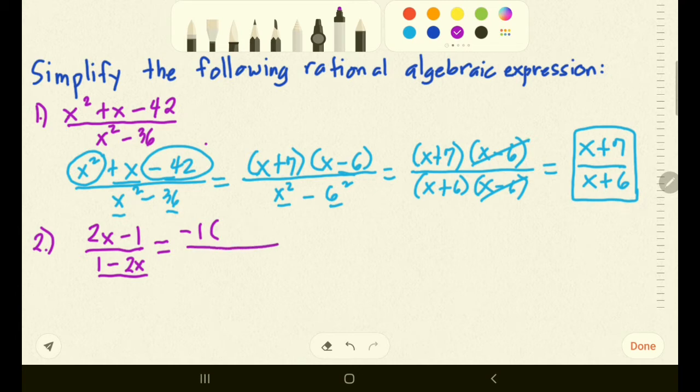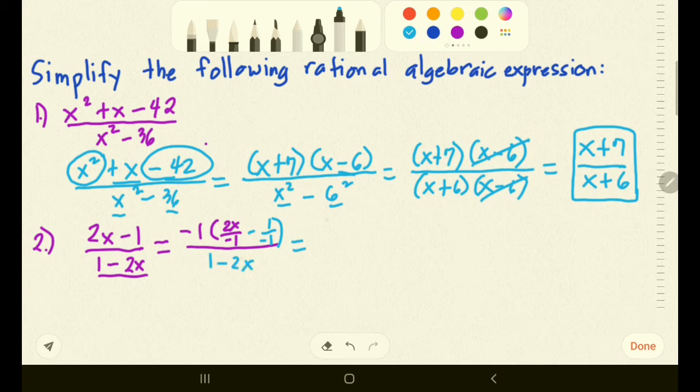That would be 2x divided by negative 1, and then minus 1 over the same thing, divided by negative 1. For the denominator, just copy that, 1 minus 2x.